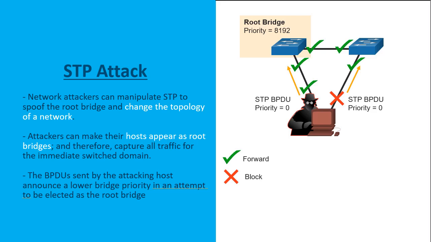To do this, they would be sending out bridge protocol data units, which are spanning tree layer 2 messages. And these messages will include a priority of something insanely low, such as 0, for example, here in our graphic.